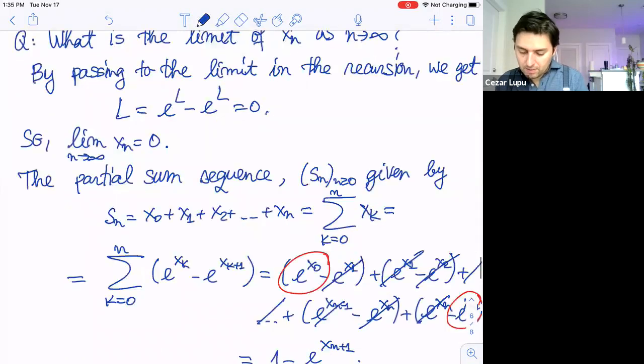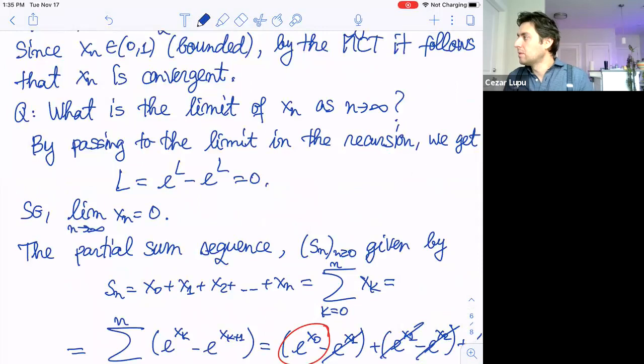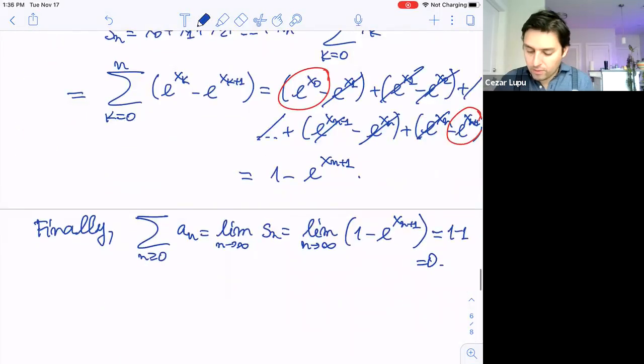Let me see if maybe I made some mistakes. I think, wait, well, of course, I'm stupid. This is not the one here, it's e to the power 1. Oh my God. E to the power 1 minus this, which is e minus 1. That's it.